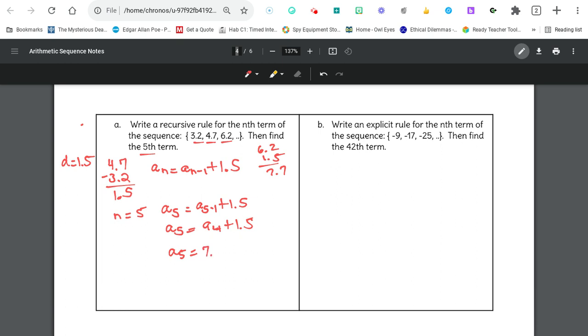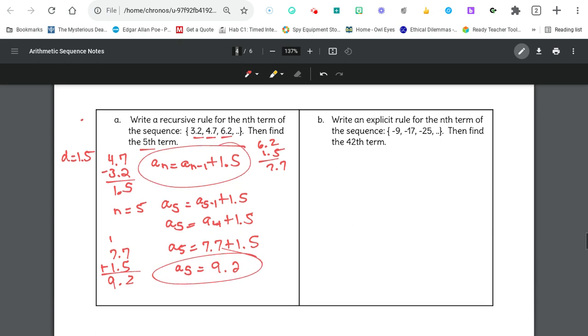So you have 7 and 7/10 plus 1 and 5/10. So the fifth term would just be 9 and 2/10. 7.7 plus 1.5. So here's your rule. Here's your fifth term. And of course, if you added 1.5 to that, you could see it's just 9 and 2/10.